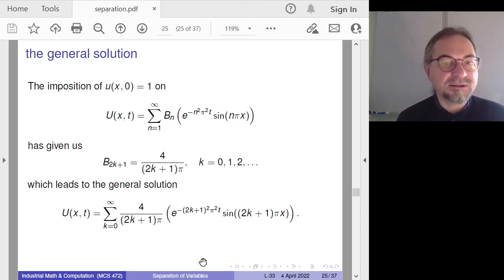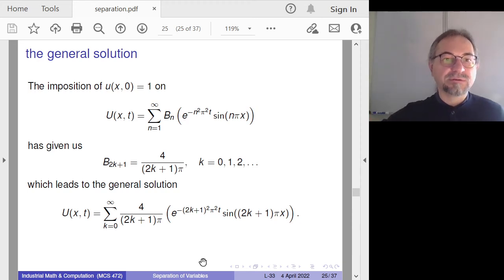So that means we have a very nice closed form solution for the evolution of the temperature in time everywhere on the interval 0, 1. So what have we done? We assumed the separation of variables. The exponential decay came in. Very nice.